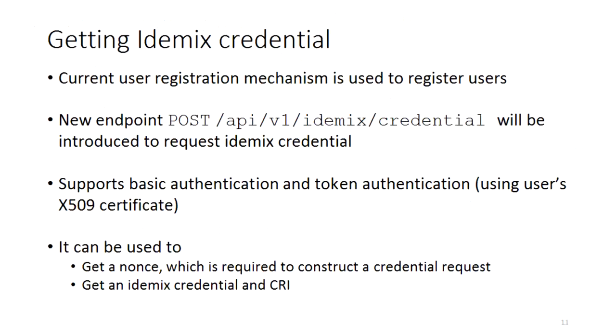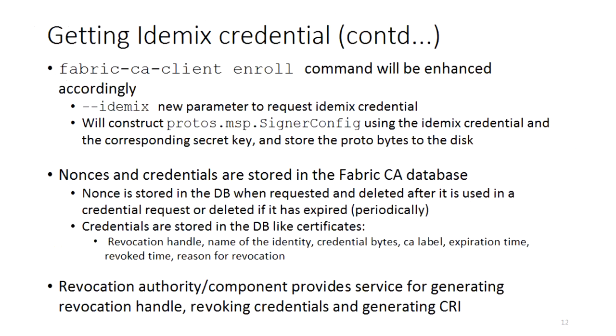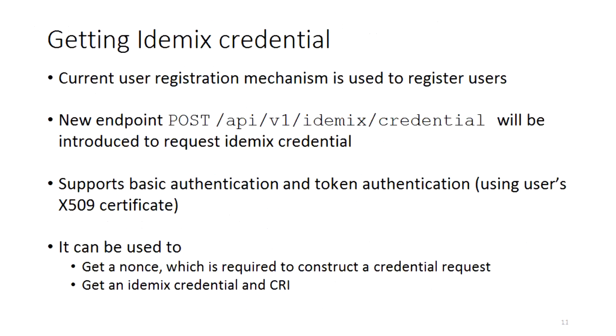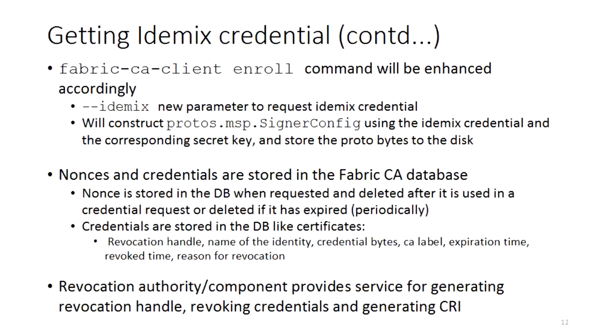So it would be a new endpoint, but in the next slide I talk about the command. We also have a command to enroll, so we would use the same command with an Idemix flag, which in the background calls the new endpoint to get the Idemix credential. Right, but on the previous one, do I have to call this API twice? Once to get the nonce and then once with the nonce? Yes, it is a two-step process. But it's the same endpoint. Same endpoint, yeah.